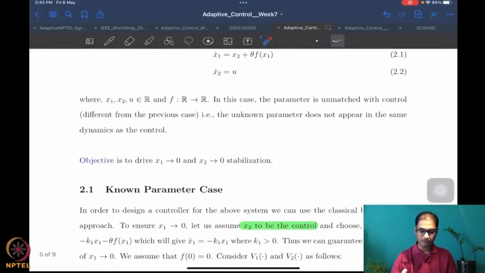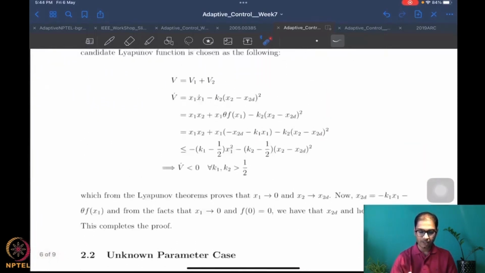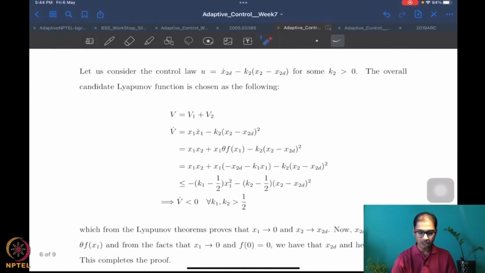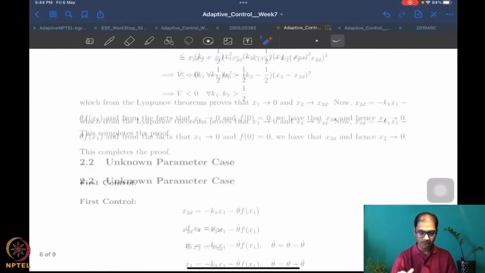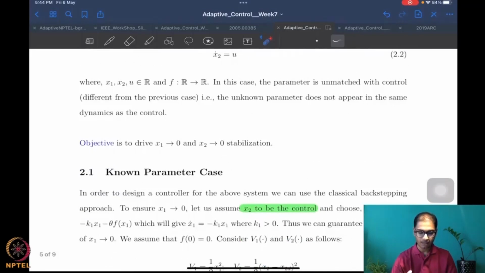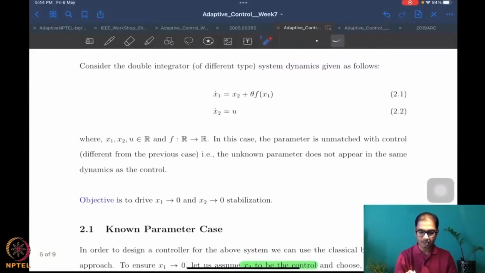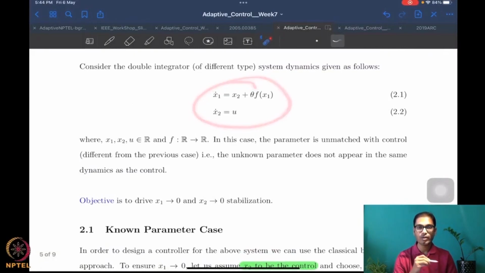And first again we looked at the known parameter case in order to understand how the backstepping design will work. So we got a fair idea of how the control would be. For the known parameter case, we first looked at the model where we have the parameter now in the first state instead of the second where the control appears, right?